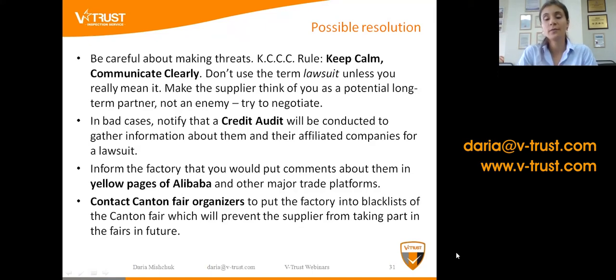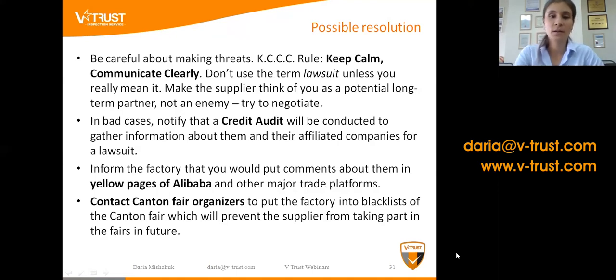So if you still feel that a negotiated resolution is possible, then also try to convey the feeling to the factory that you will know about all affiliated companies, you will know about the financial situation, the financial state of the company, so that it will not be really feasible for the supplier to try to find ways out. So that's why a credit audit might also be an effective tool.